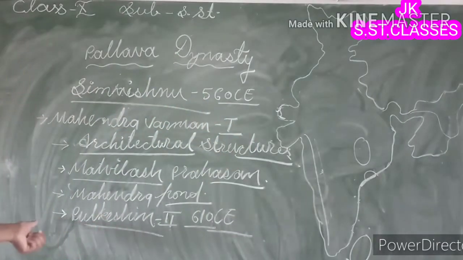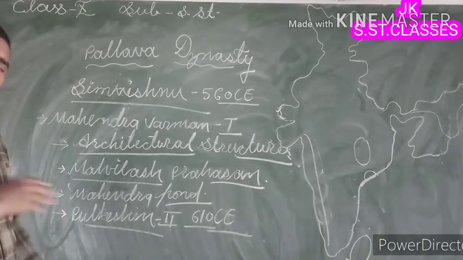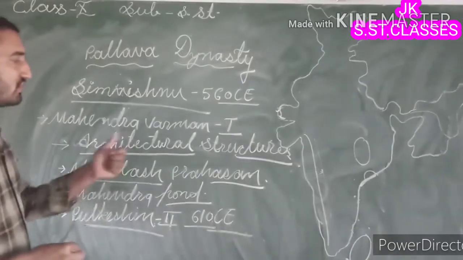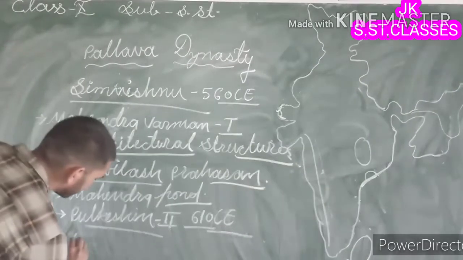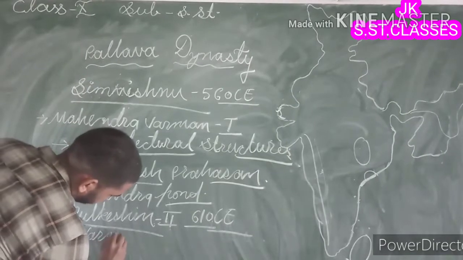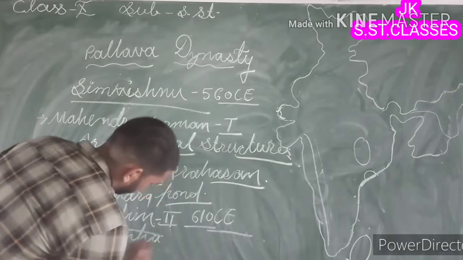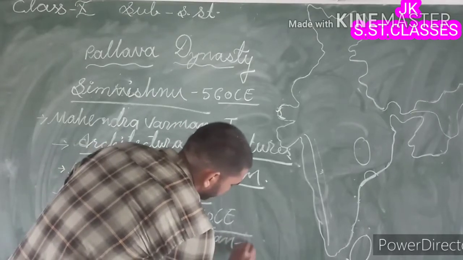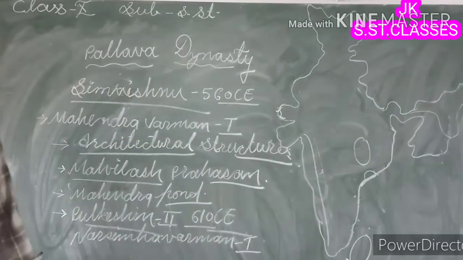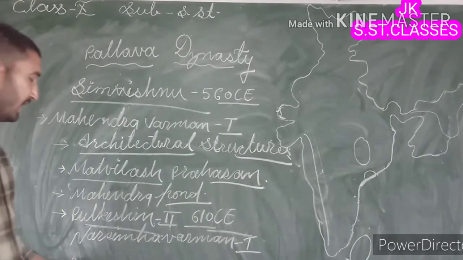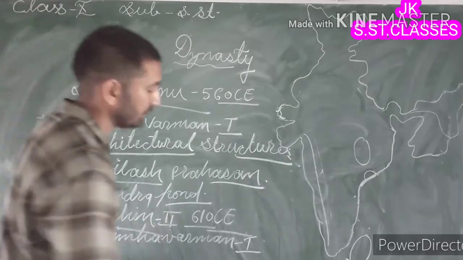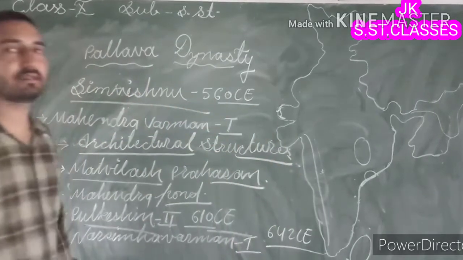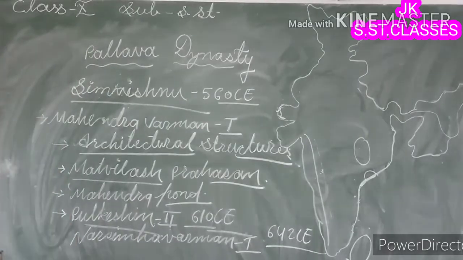This defeat was later avenged by the son and successor of Mahendravarman I, Narasimhavarman I, who defeated Pulakeshin II in 642 Common Era.